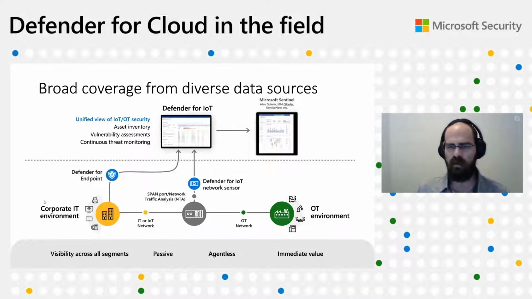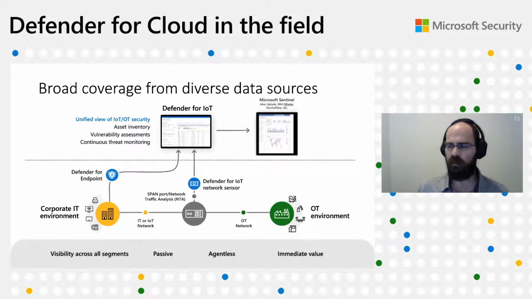And within the OT environment, in the switch you use for the OT environment, you can actually port mirror or span the traffic to a physical Defender for IoT sensor, that would be either a physical appliance or a virtual sensor as well. And all the analysis is done on the sensor itself.